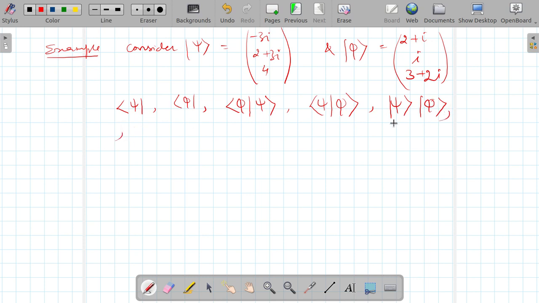Then phi and psi, bra, their product. These are a few quantities which we have to calculate. So let us try to find out a solution.